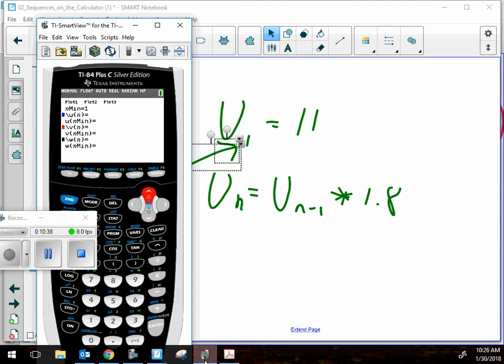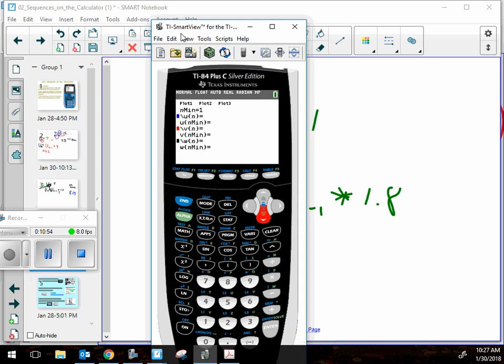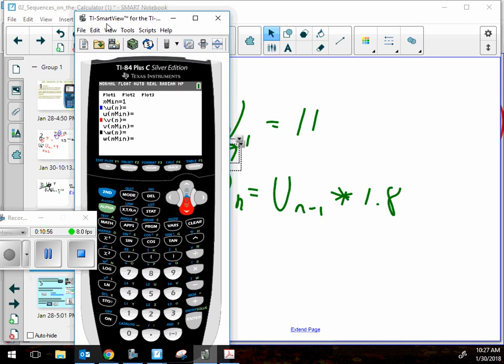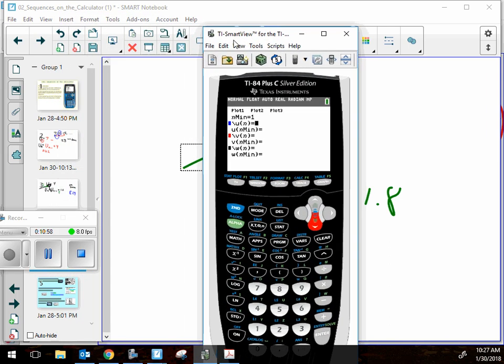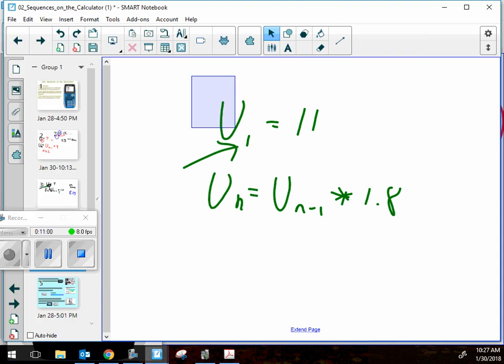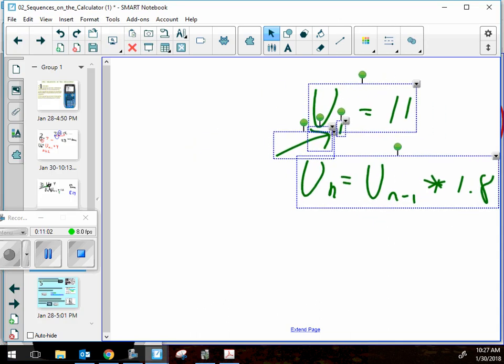All right, next. Do you get that the calculator's trying to say u sub n? It can't do subscripts, so it puts parentheses around it. So what comes after that in our formula? u sub n equals u sub n minus 1. Everybody type in u sub n minus 1. So that begs the question, where's the u? The u is above the 7 key. Okay. Move this stuff over a little bit so I have room to put my calculator up here.